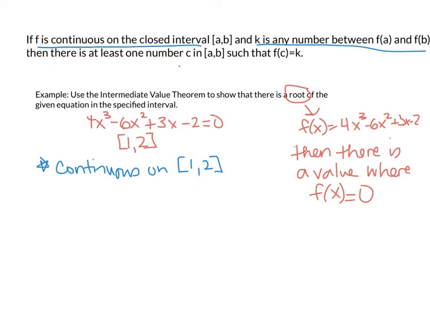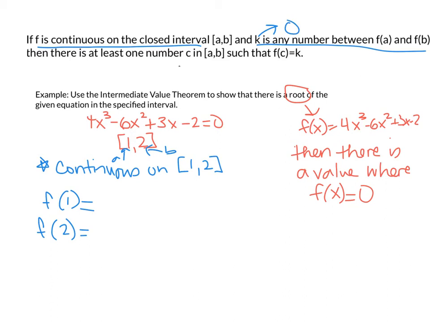The second thing is that they want to know if k is a number between f of a and f of b. So notice that our a value here is 1, our b value here is 2. So f of a is going to be our f of 1, our f of b is going to be f of 2. In this case, k is 0.